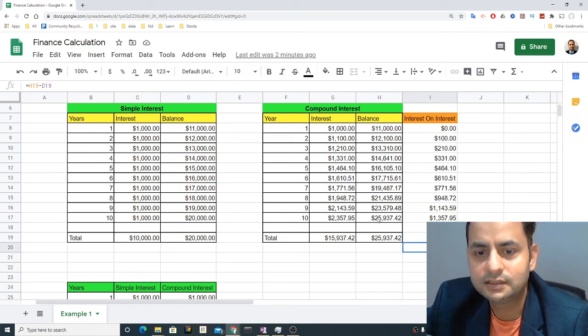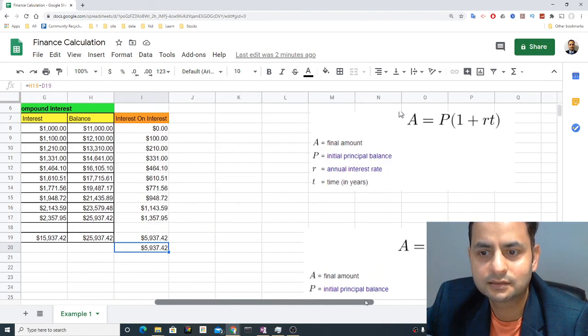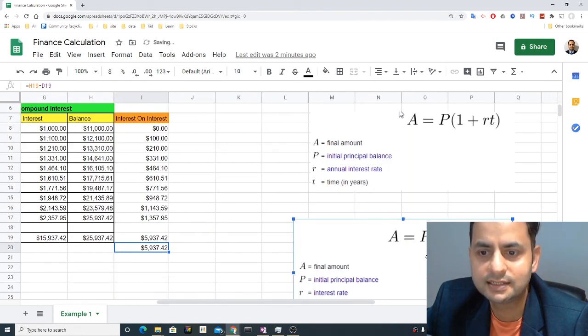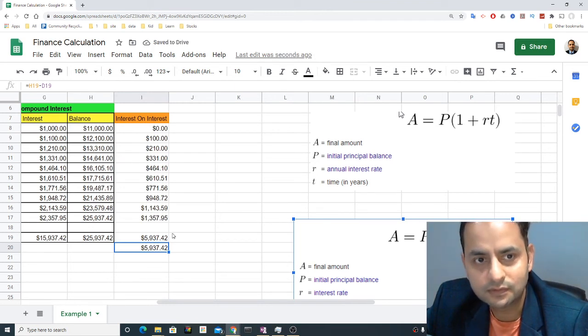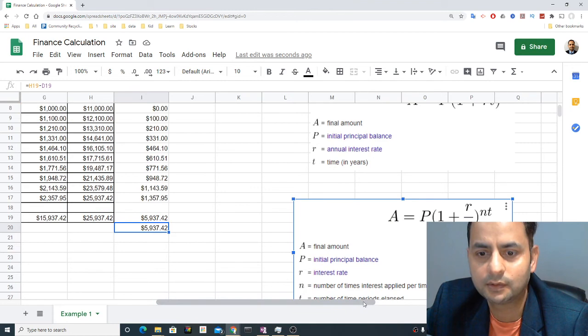And the math for it, I'll show you just for those interested. This is P(1 + R/N)^(NT). On our side this is a yearly rate, so N is 1. Here it is to the power of T, where P is the principal amount and A is the final amount.